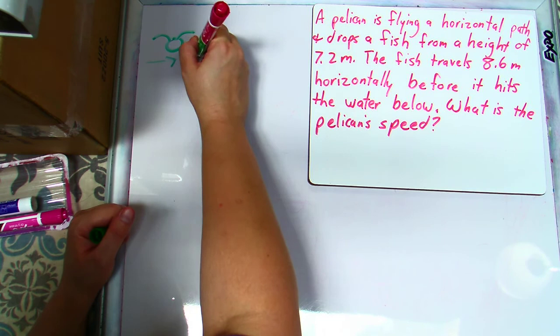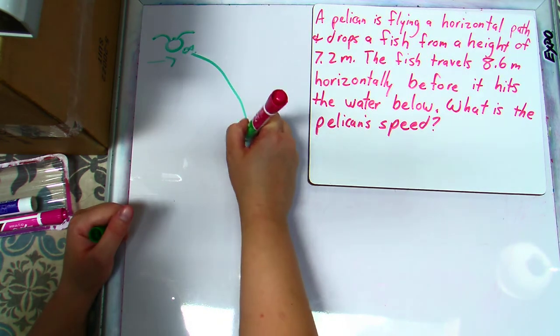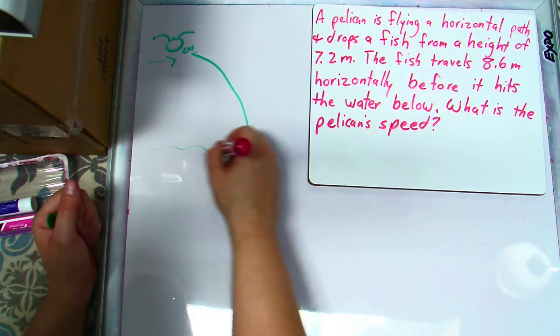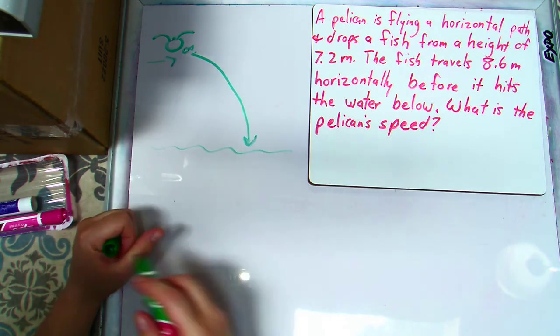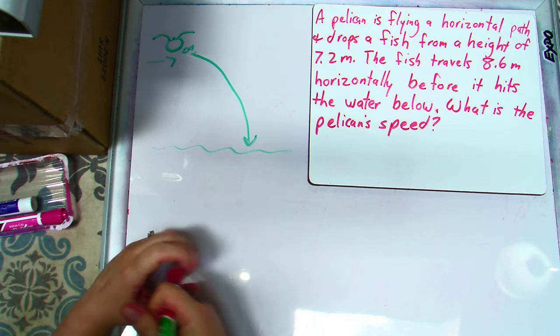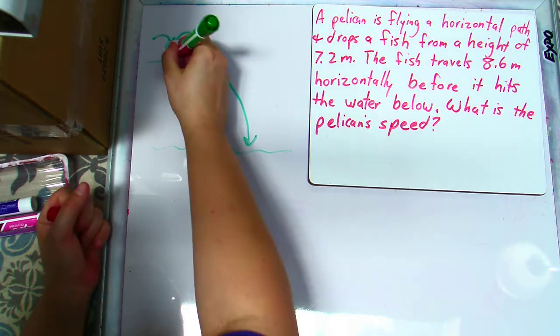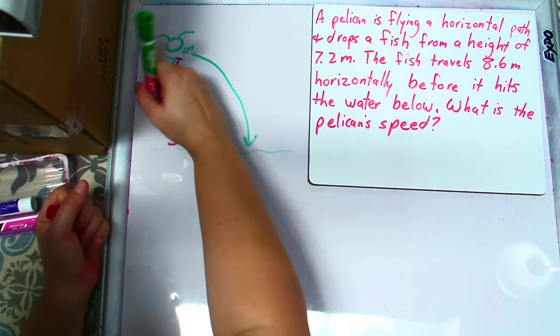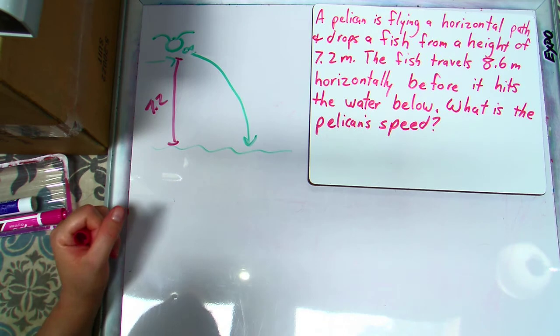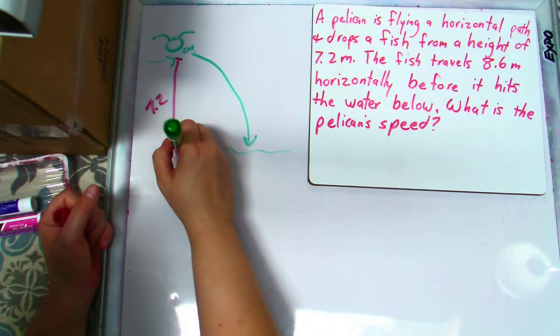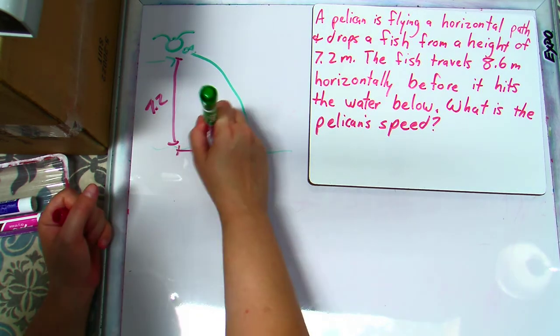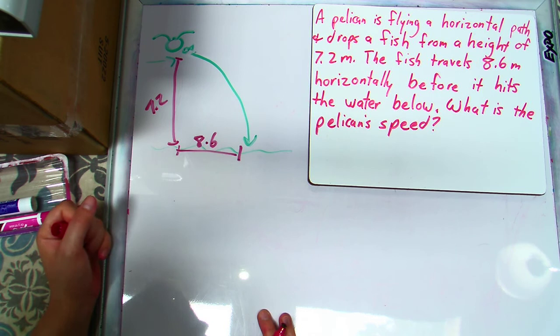So the fish is also going to keep moving a little bit in the forward direction. Now, the pelican was 7.2 meters up, and the fish hit 8.6 meters before it hit the water.